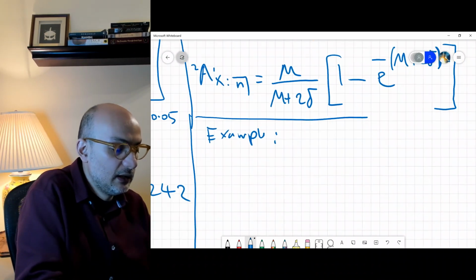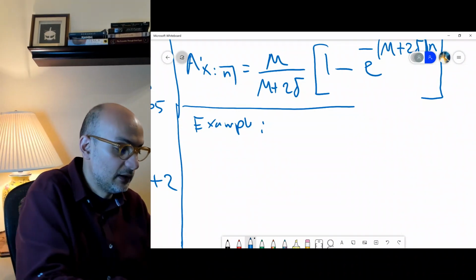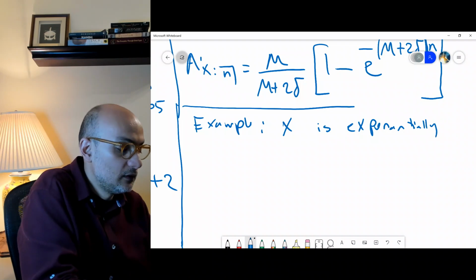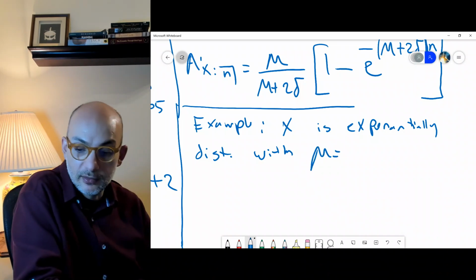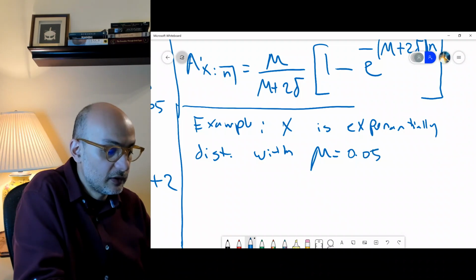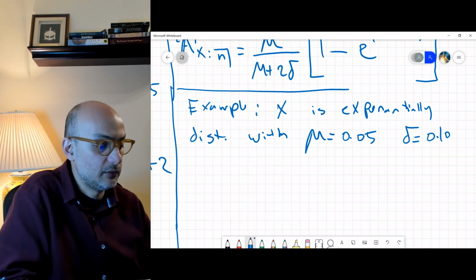Now let's say the random variable x is not uniformly, x is exponentially distributed with mu equal, let's make it 0.5%, and delta is, let's have delta is 10%, similar to the same question we did before.